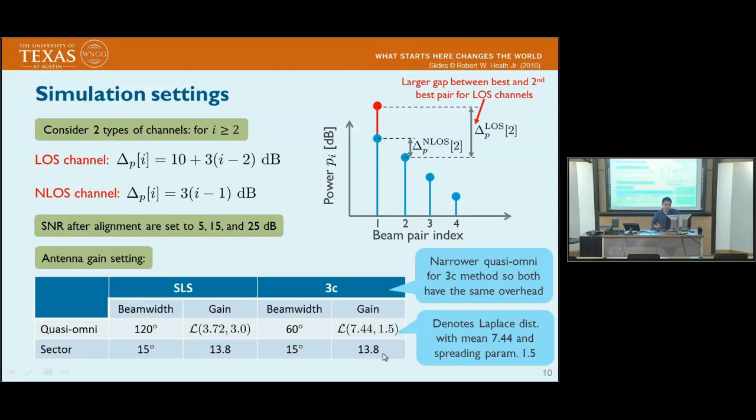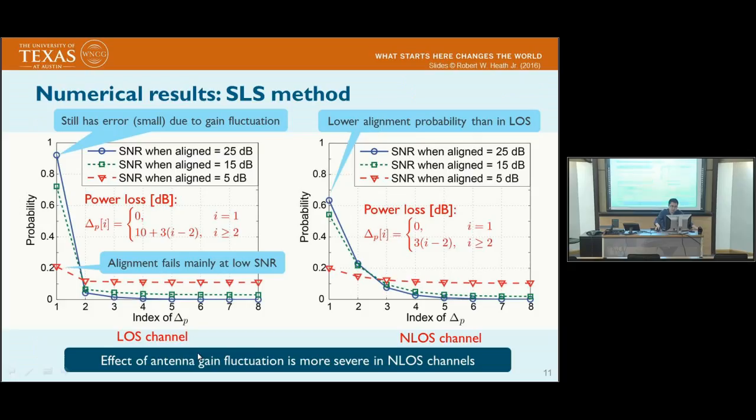One assumption here is that to make the overheads relatively similar, we need to use narrower quasi-omni beams for the 3C method, and that is why the mean of the antenna gain is higher than that of the quasi-omni used in the SLS method, and the fluctuation is lower. And the final sector level are the same for both cases. We have the beam width of around 15 degree and a gain of around 13.8 dB.